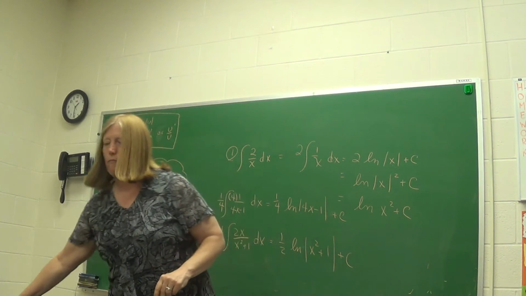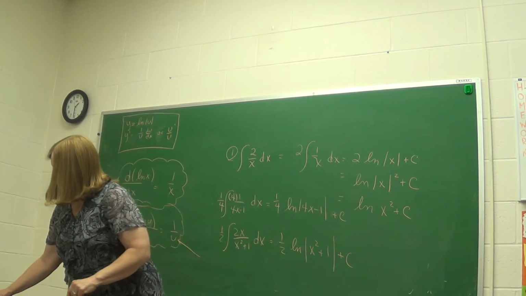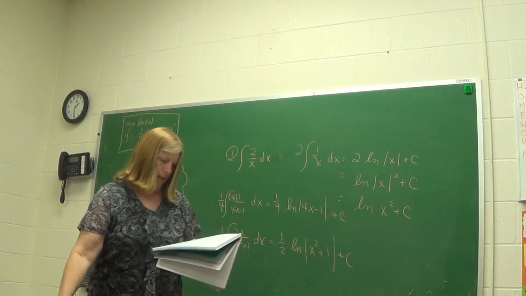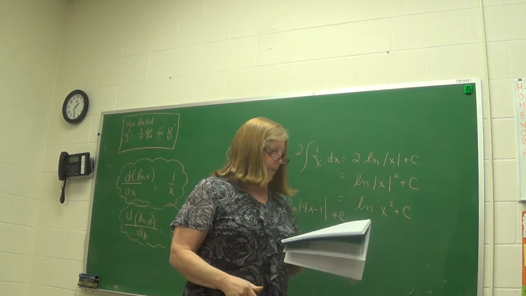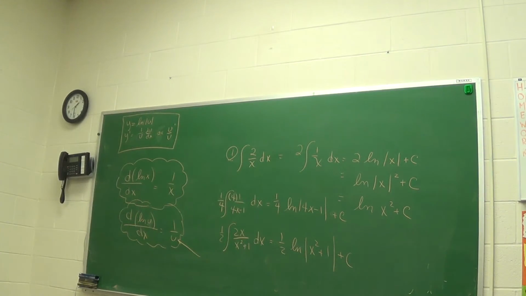The homework, I guess Jonathan will have his book. Oh, wonderful. I didn't write on the page. Look at your book, I left mine upstairs. 5.2, whatever that homework is on.